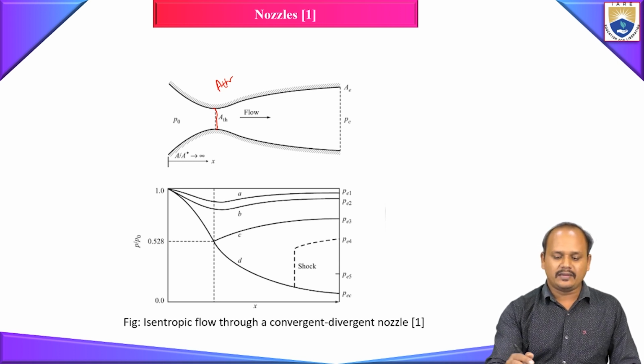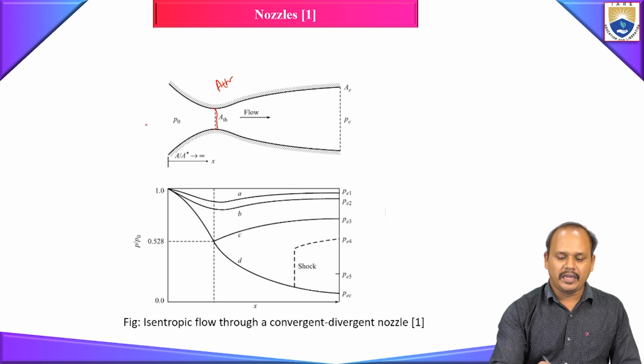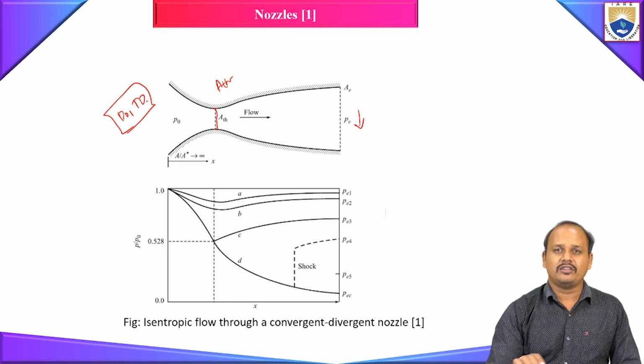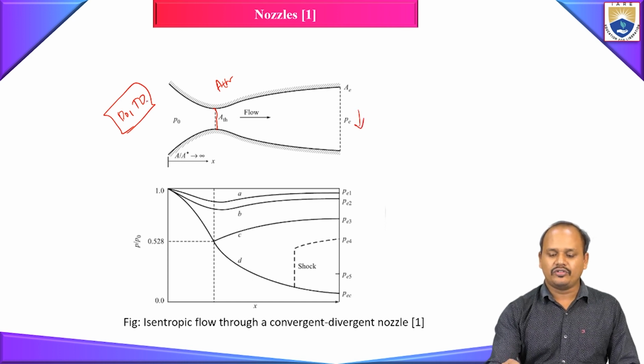Let's say I have a P0 and a T0 at the inlet of my nozzle. Here also what I'm going to change is the back pressure. I'm not going to change my P0 and T0. I'm going to change my back pressure PB or PE at the exit plane of my nozzle.